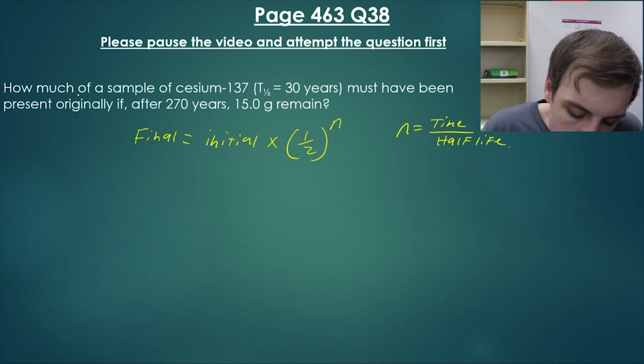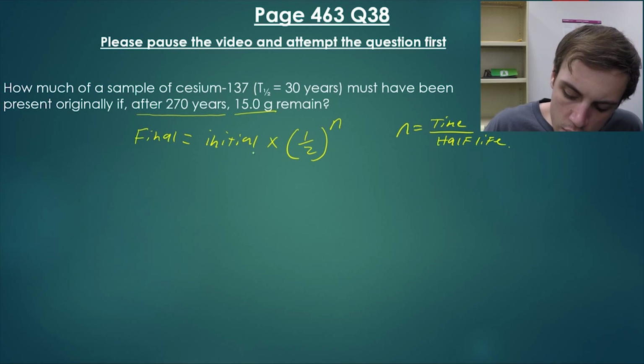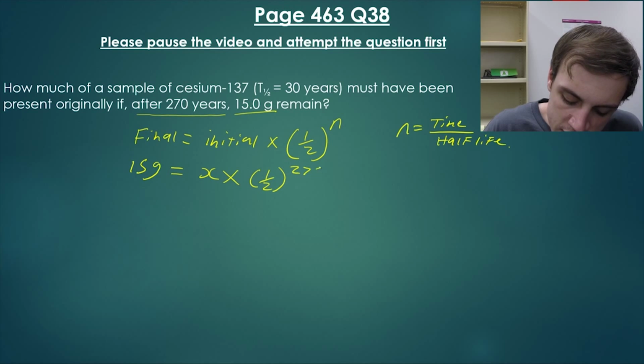We don't know the initial amount, but we know that after 270 years, 15 grams remain. So 15 grams is equal to the initial amount, which we don't know, that's x, times 1/2 to the power of, and the power is our time, so that is 270 years, divided by the half-life, which is 30.